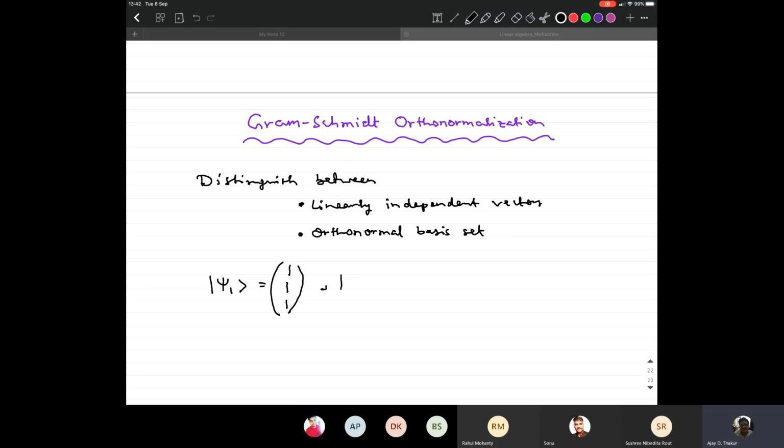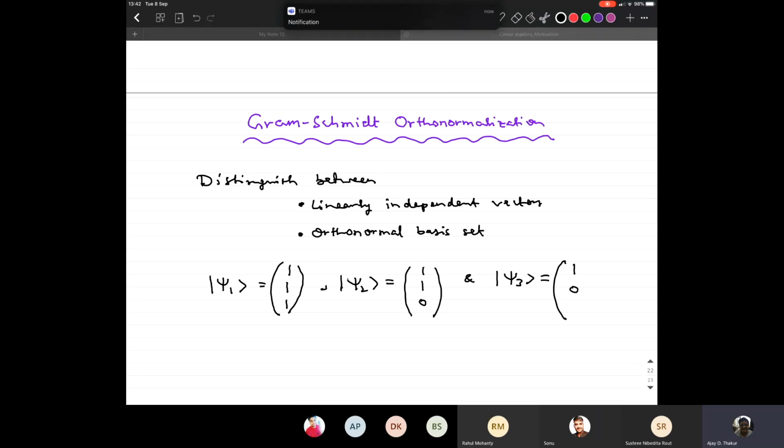And I consider two other vectors, psi2, which is 1 1 0, and psi3, which, let's construct it slightly, is 1 0 1.